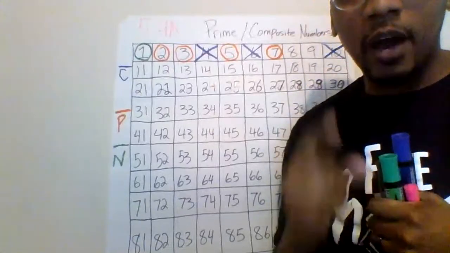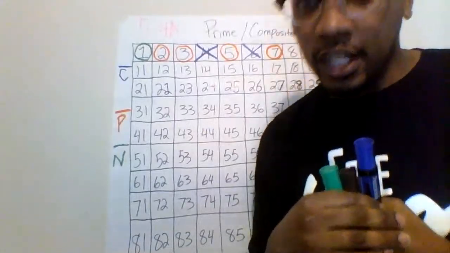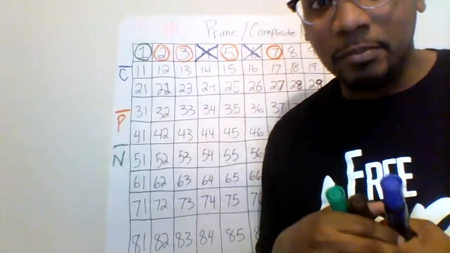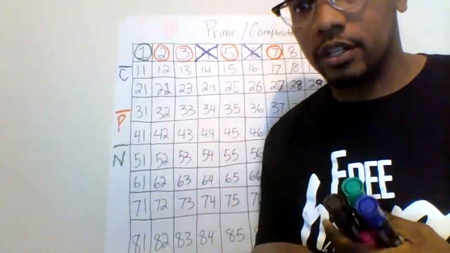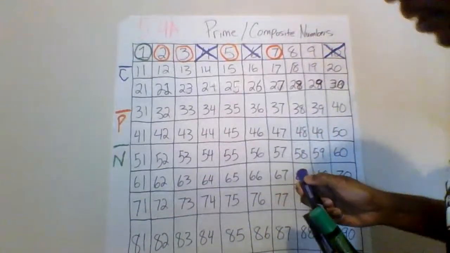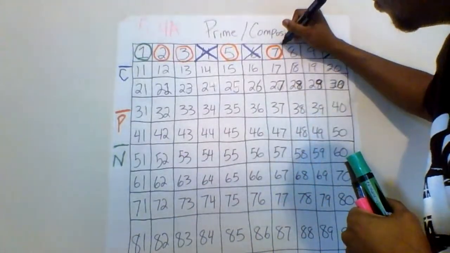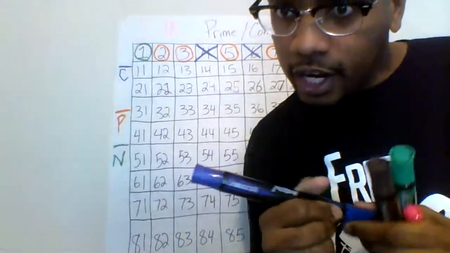If you only have to multiply 1 times 8, then it's prime. Good, Natalie. It's composite because you can do 1 times 8 and you can do 2 times 4. Good. 8 is composite, so I'm going to cross it out in blue.